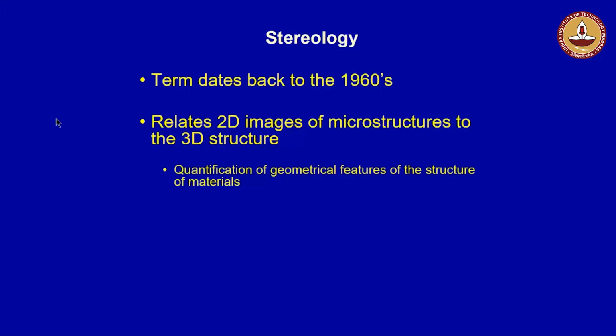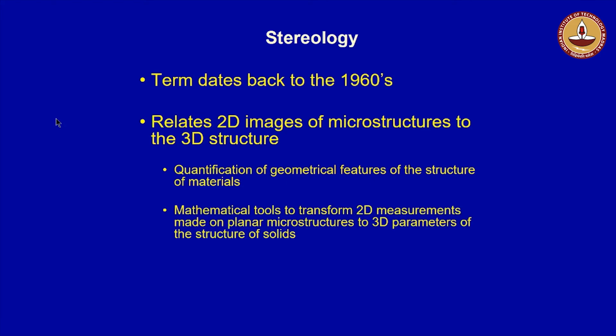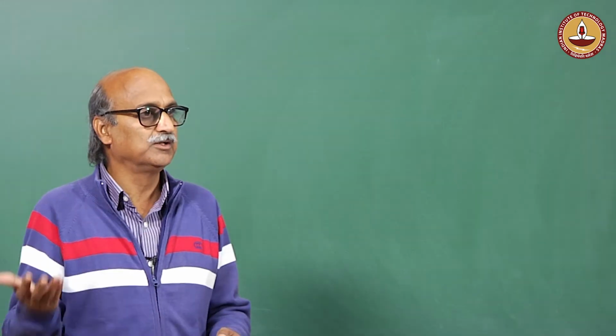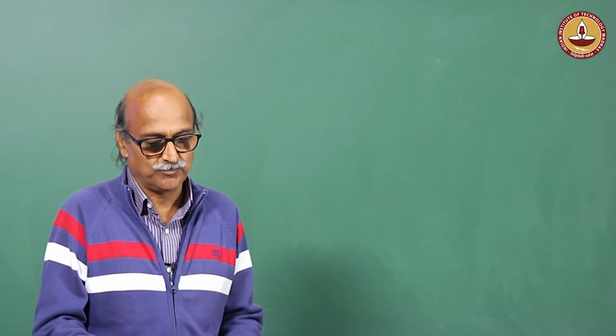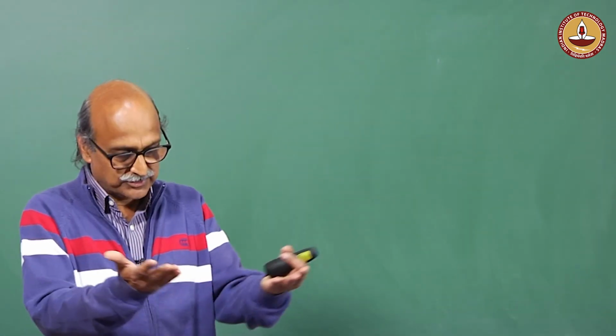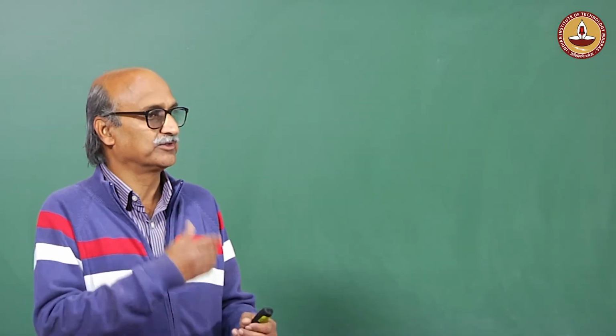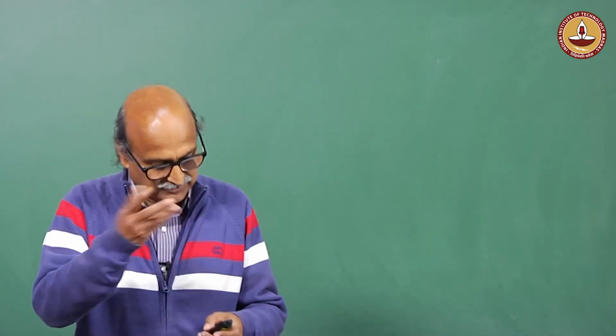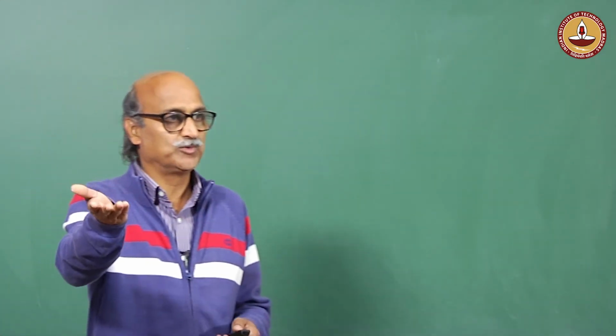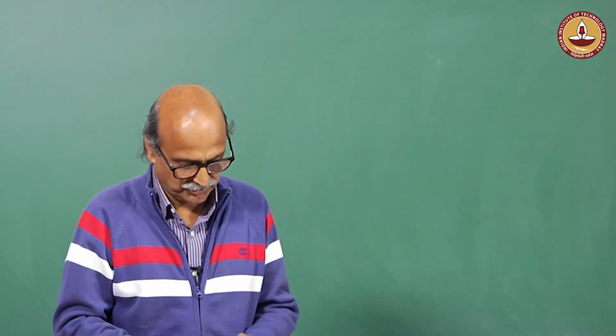So, again, quantification of geometrical features of the structure is what stereology is about, and it consists of many mathematical tools which enable you to transform two-dimensional measurements you measure on a plane microstructure to three-dimensional parameters of the structure. And some of the three-dimensional parameters, as I said, could be volume fraction, size distribution, and so on.